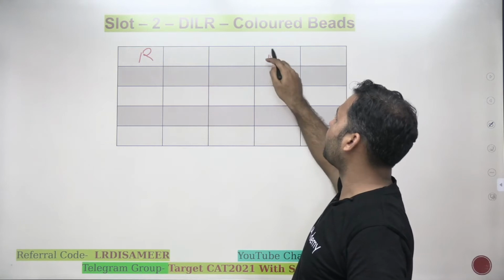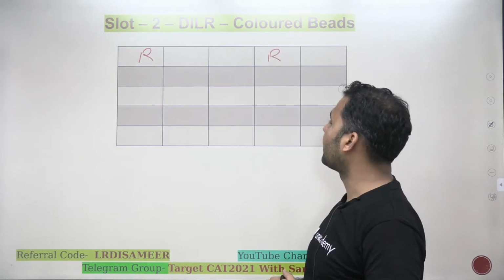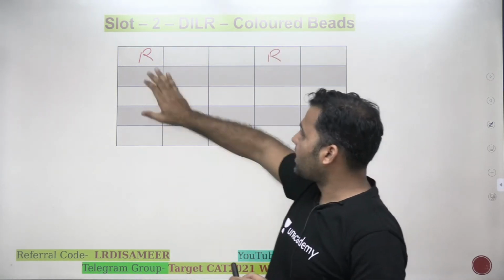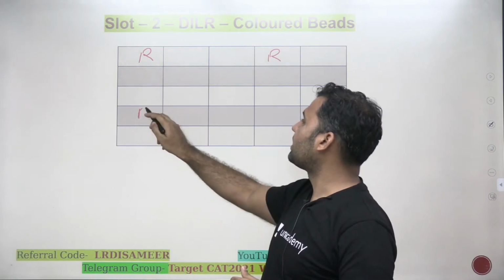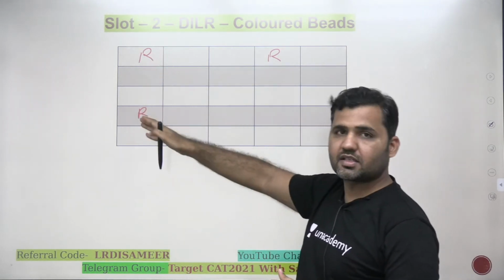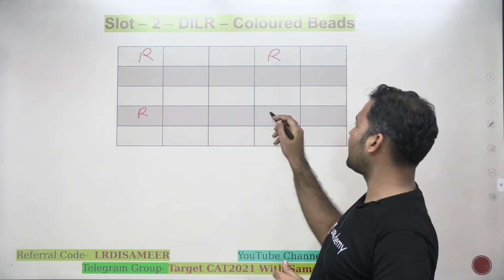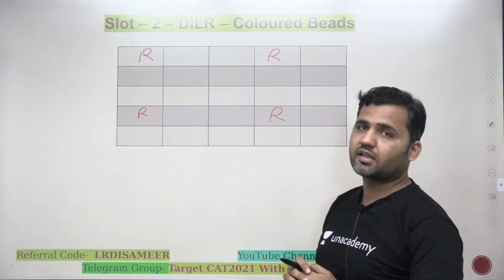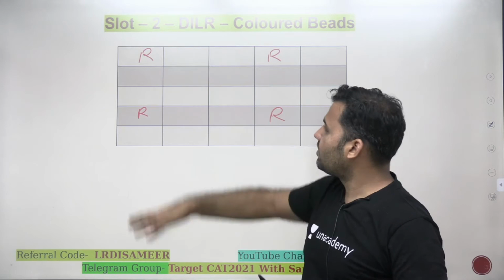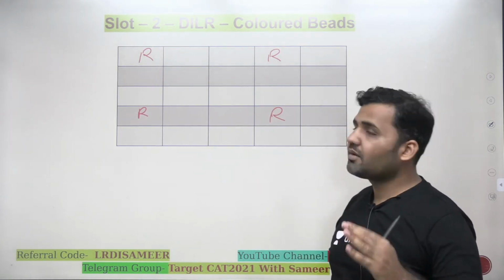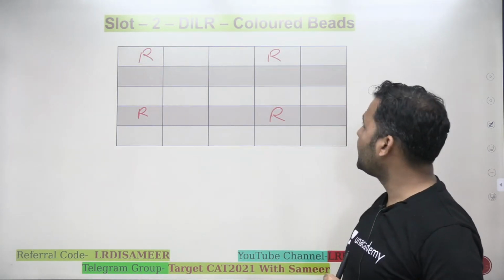I can place red over here also. Then at a gap of 2, I will place red here. And then column wise, I need to satisfy the condition. Row wise, again, I need to satisfy the condition. So I'll place red here. In row wise and column wise, am I left with any position where I can place the red bead?